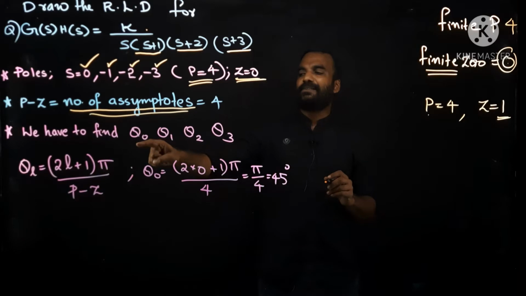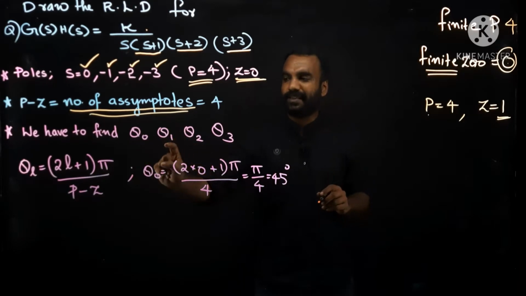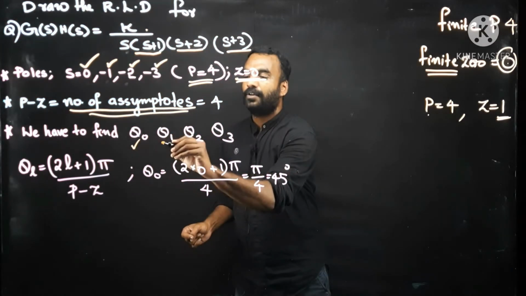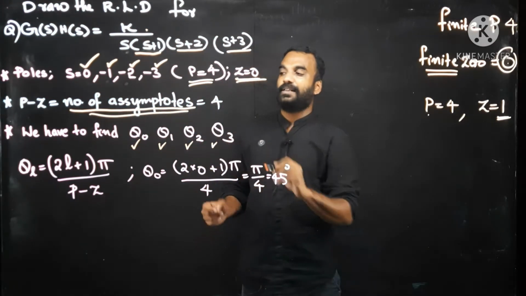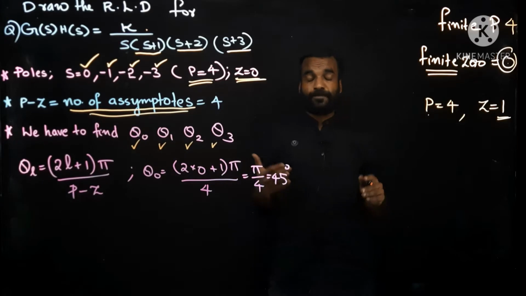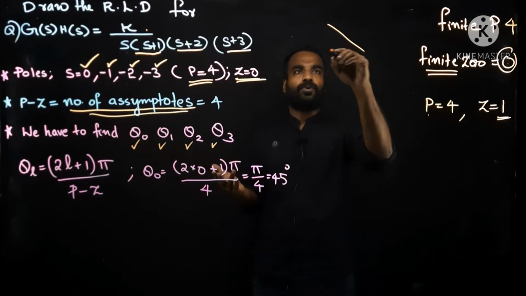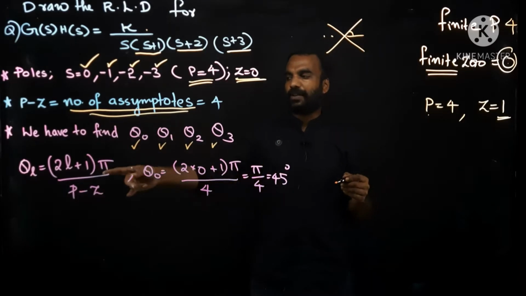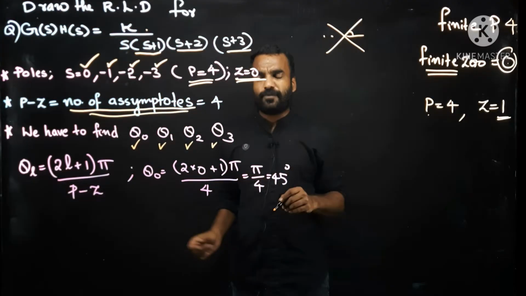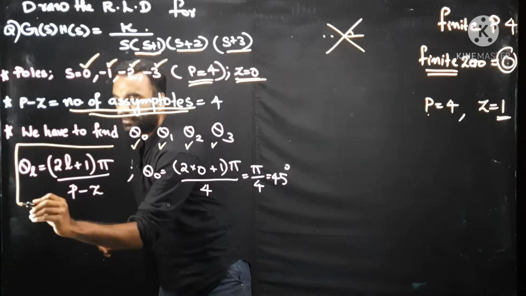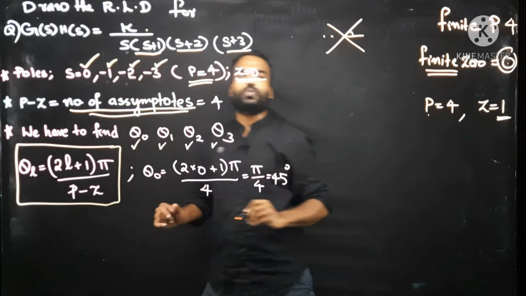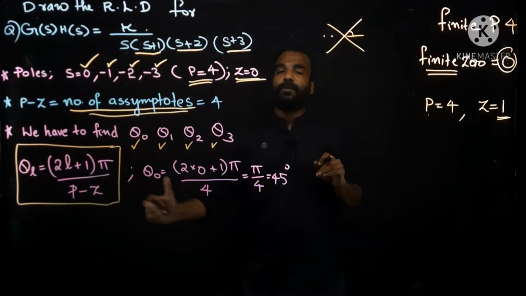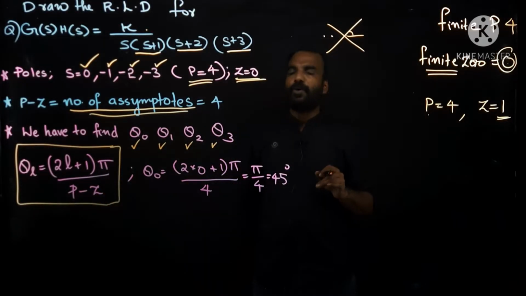4 asymptotes means the names are theta 0, theta 1, theta 2 and theta 3. How many asymptotes? 1, 2, 3, 4. This is the angle of asymptote. I know I have 4 asymptotes. What is the particular angle of each asymptote? For that we use this equation. Angle of asymptote theta L is equal to (2L plus 1) into pi by (number of poles minus number of zeros).